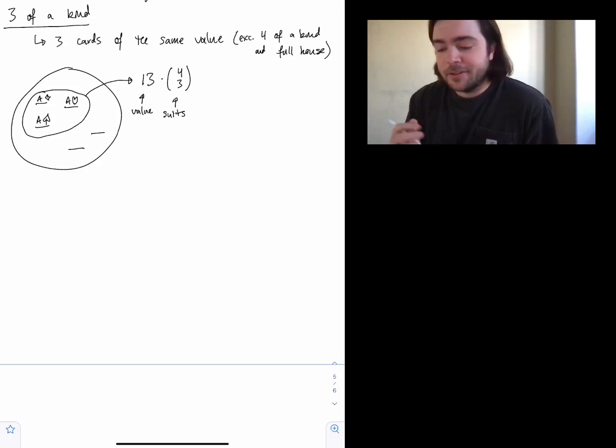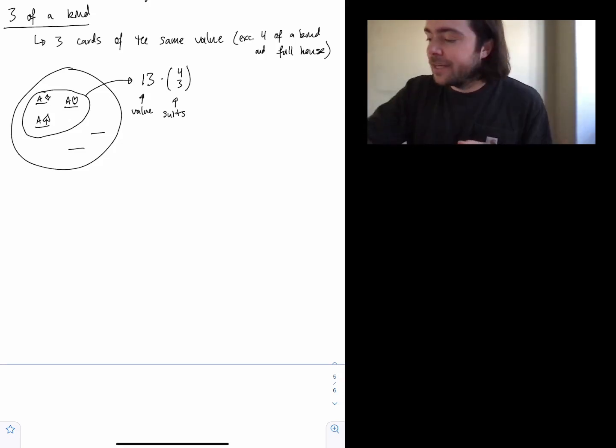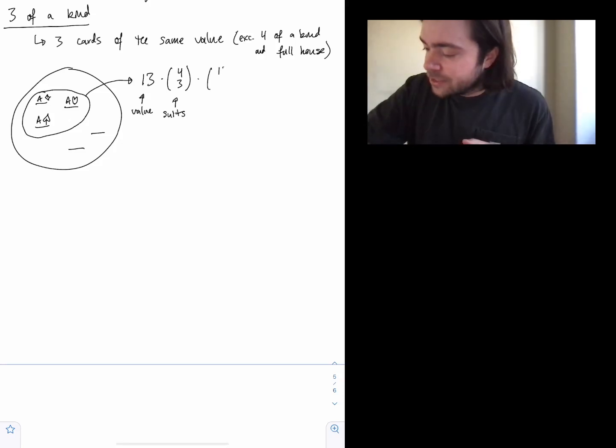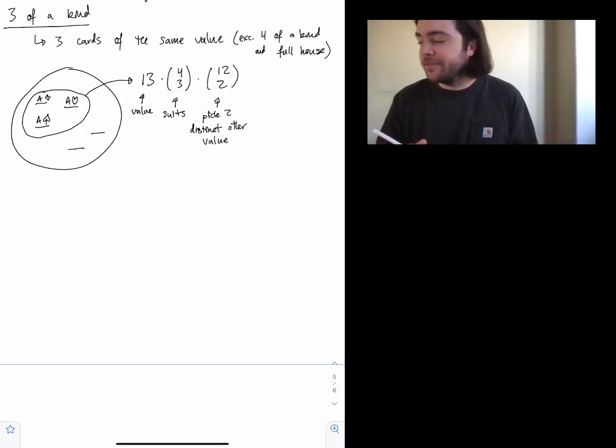So I'm down to a set of 12 values I could choose from, and I also want those values to be different. In other words, I want a subset of size 2 of that set of 12 remaining values. So that's just 12 choose 2. This is picking 2 distinct other values. They can't be the ace, they can't be the value for my 3 of a kind, and they can't be the same value, or else that'd be a full house.